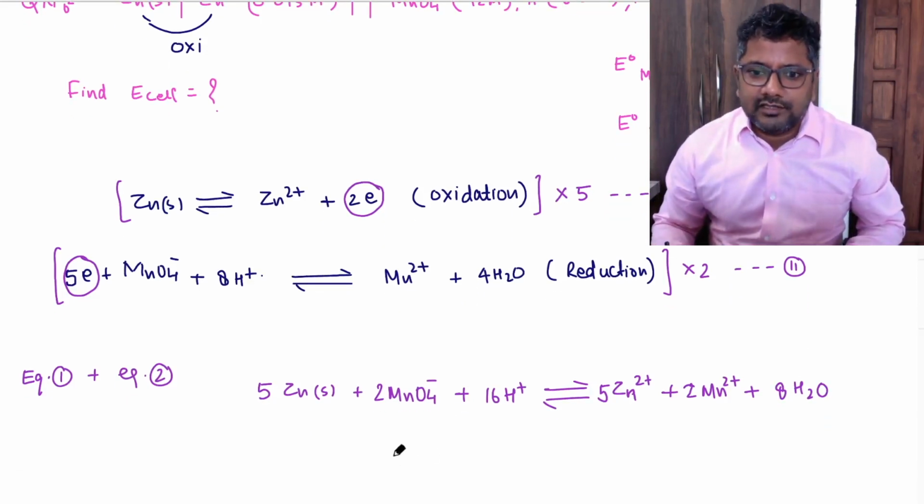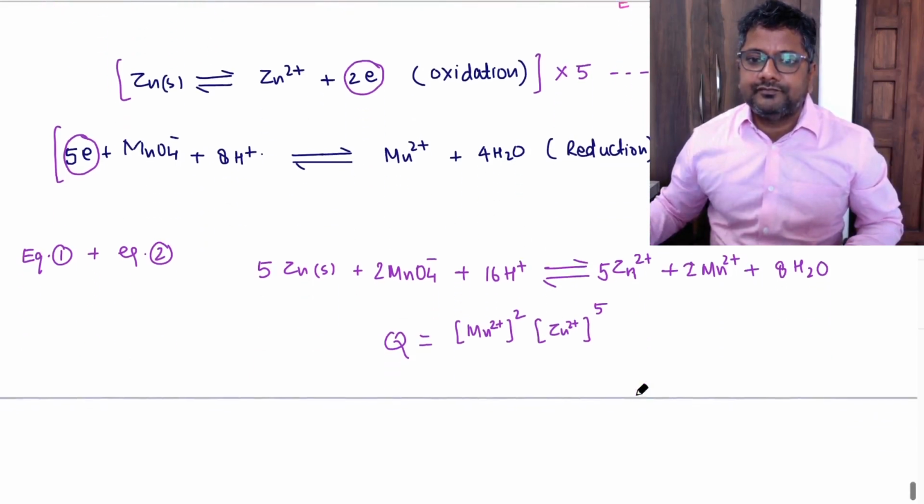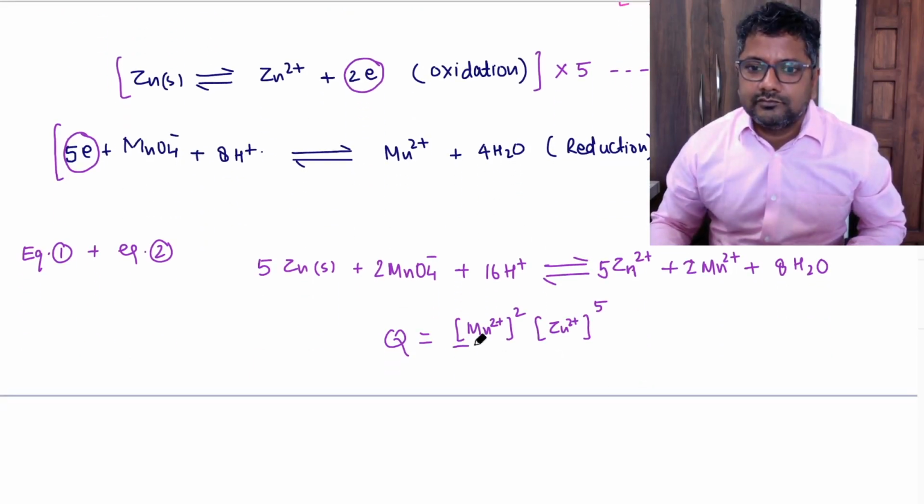Now what is Q for this? Q is equal to concentration of Mn2+ squared times concentration of Zn2+ to the power 5, divided by MnO4- squared times H+ to the power 16.